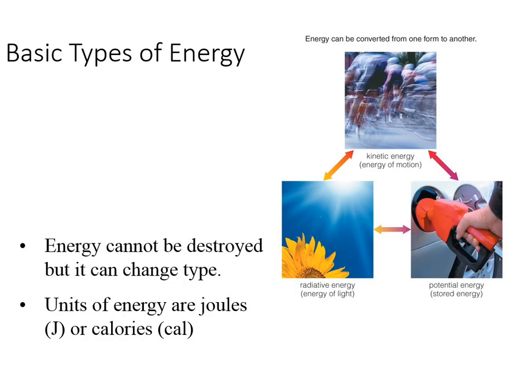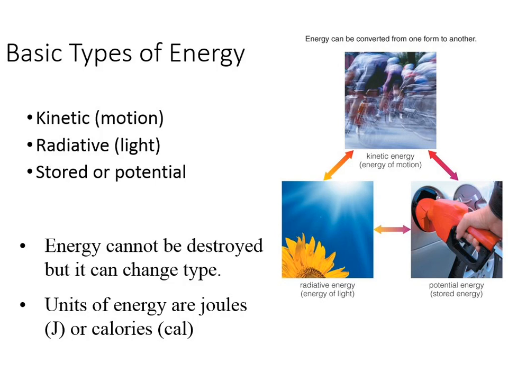Units of energy are joules in the metric system, or calories in the English system. You may have run into these terms, and actually in astronomy I do kind of want to talk a little bit about kinetic energy versus potential energy. Potential energy is like what we call stored energy. Kinetic energy is energy that's being spent, oftentimes associated with motion.